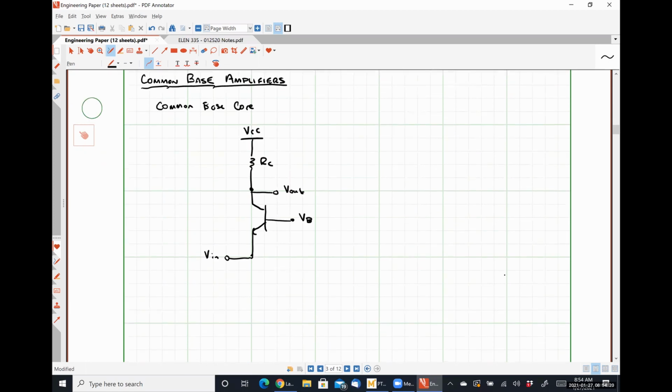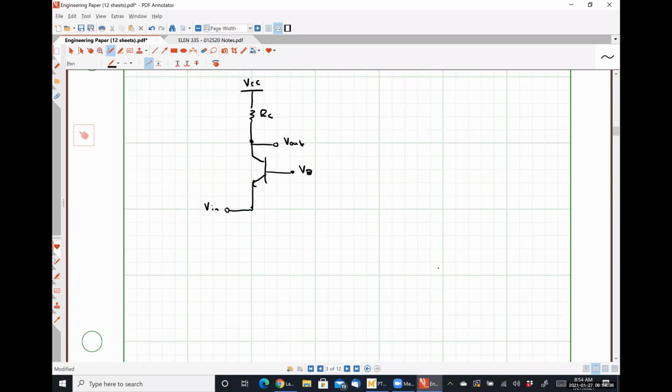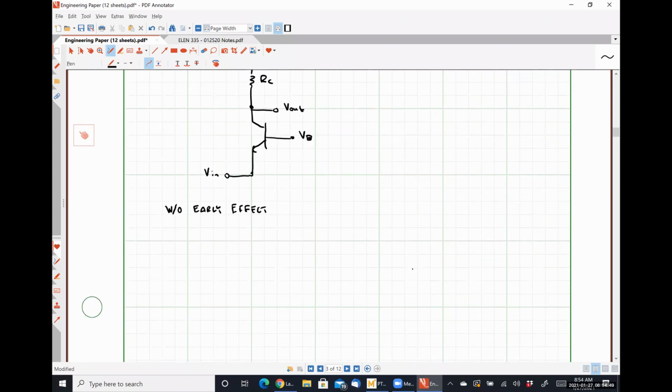So let's go through and figure out what our input resistance, output resistance, and voltage gain are for this guy, with and I think without the early effect included. So let's start without early effect. All right, so I'm going to draw my small signal model.